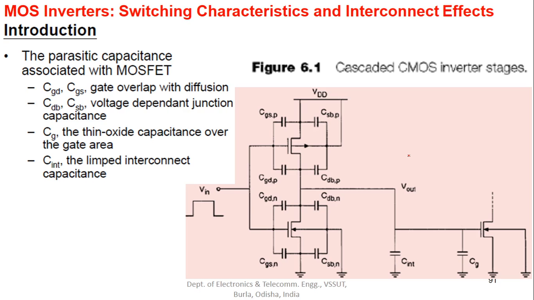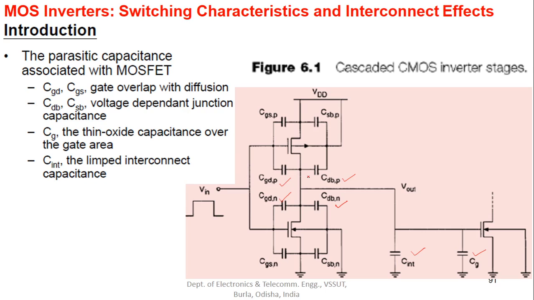So basically CGDN is taken, CGDP is taken, CDBN is taken, and CDBP, drain and body, is taken. And the interconnect and the gate capacitance. So basically these four capacitances are taken here.